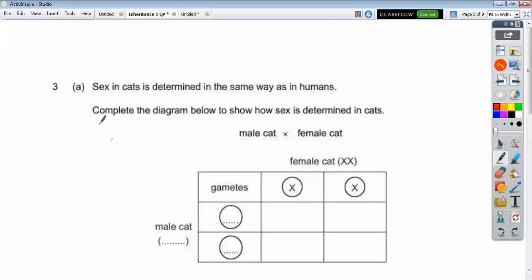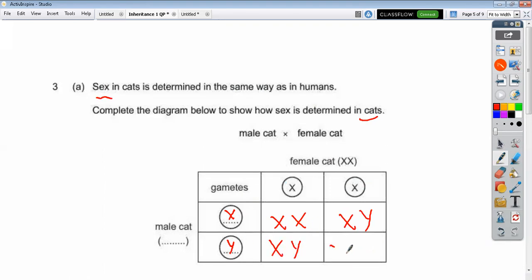Yes. Okay. Now, sex in cats is determined in the same way as in humans. Complete the diagram below to show how sex is determined in cats. So they're saying it's just the same. So your male is XY. Very easy. If you combine here, you get XX. Combine here, XX. Combine that with that, XY.